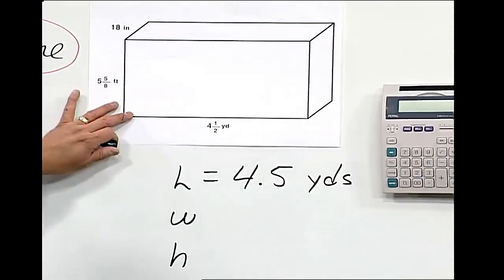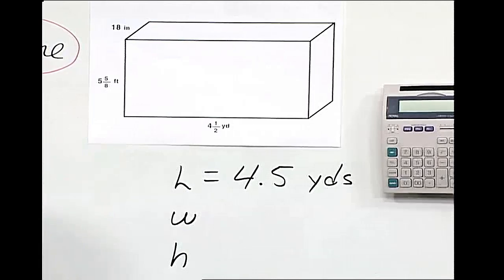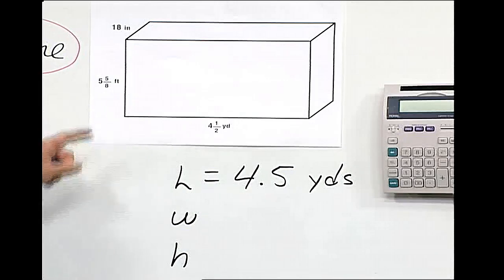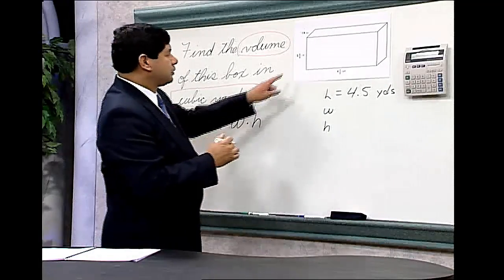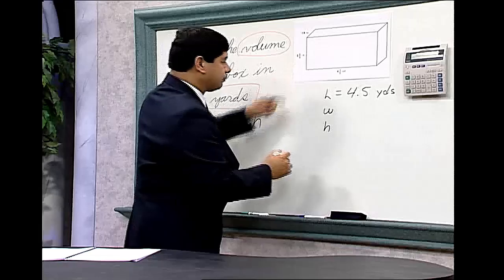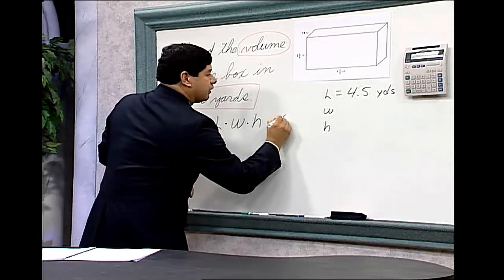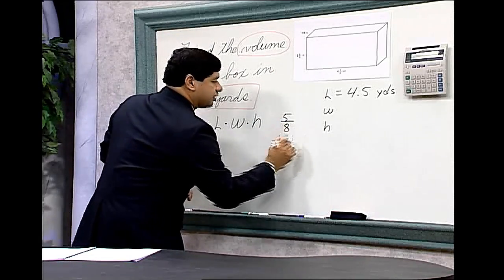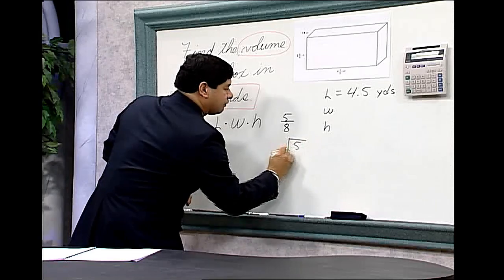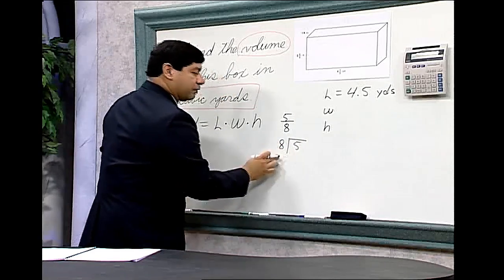The height is given in feet. So we're going to do two things here. First, we're going to convert 5/8 into a decimal. Then we're going to convert this into yards. So 5 divided by 8.